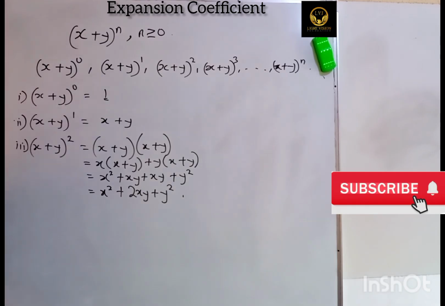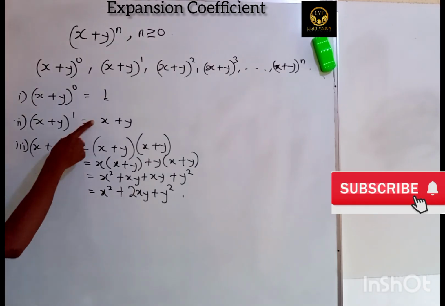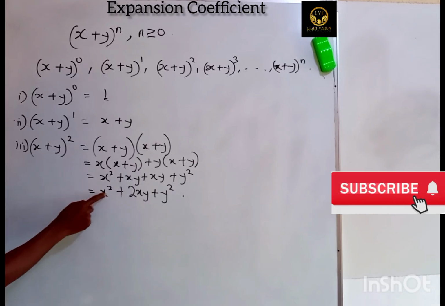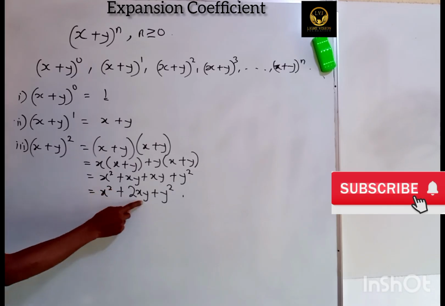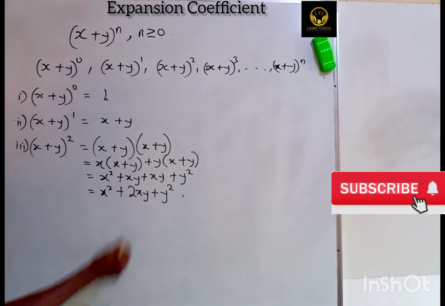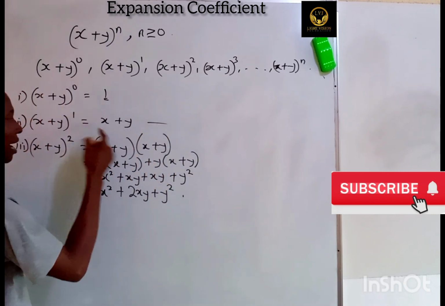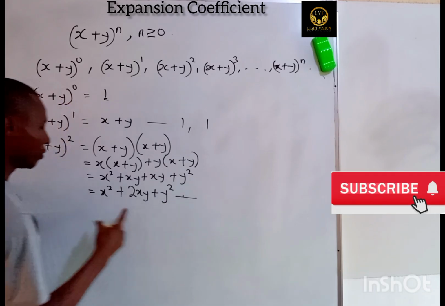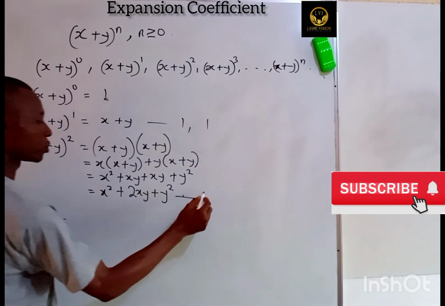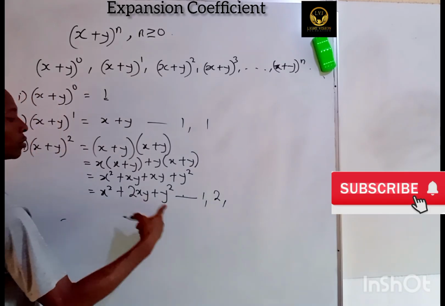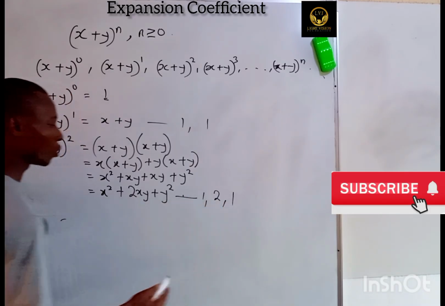Now here we can see that the coefficient of x here is 1 and y here is 1, but for here x squared coefficient is 1, xy is 2, and y squared is 1. So here the coefficient of x is 1 and y is 1. But here the coefficient of x squared is 1, xy is 2, then y squared is 1.